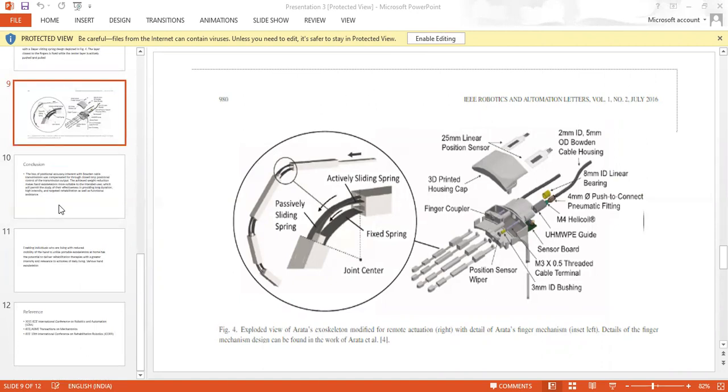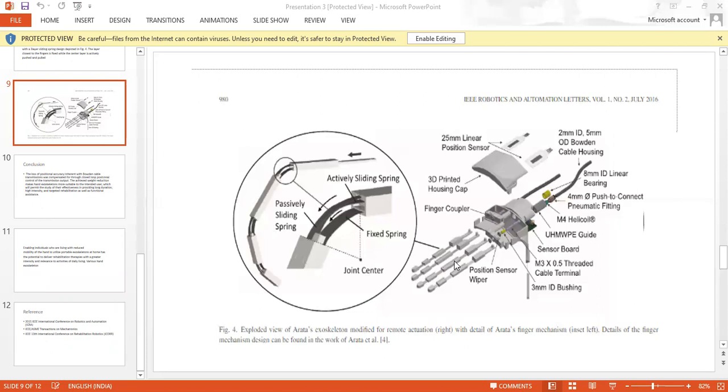Here we can see a few of the parts, such as the actively sliding spring, passively sliding spring, fixed spring, and joint center, which are present in the work for the functioning of the movement of the fingers.